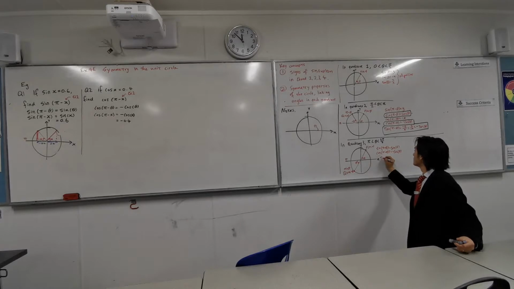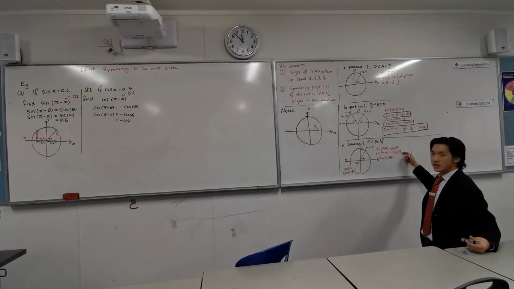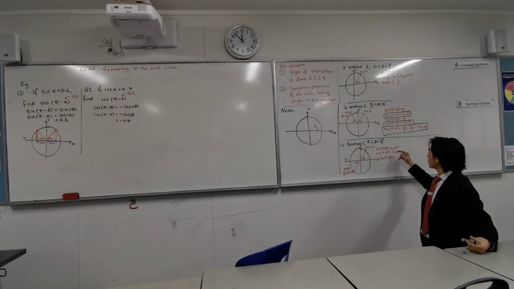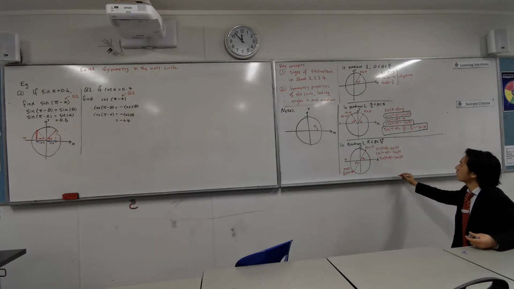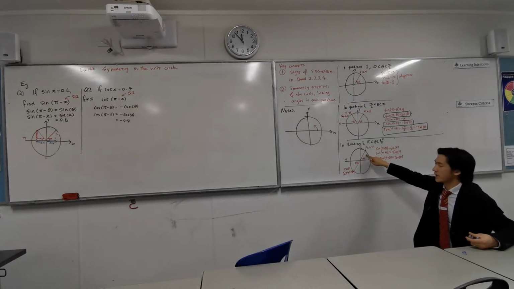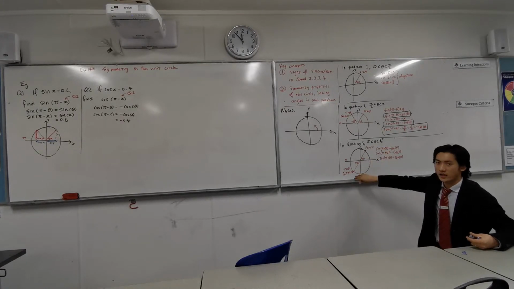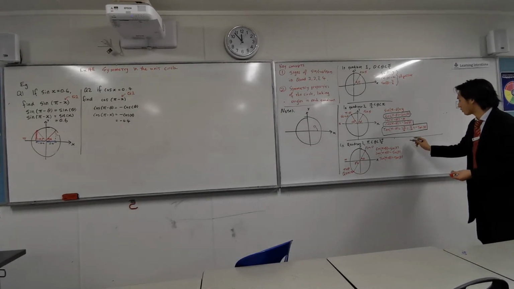The tangent in quadrant 3 is equal to sine over cosine. Well, negative sine over negative cosine, these negative signs will cancel out, and sine over cosine would just be equal to the tangent. In other words, the gradient in quadrant 3 will be equal to the gradient in quadrant 1, and you can see how that's a straight line.